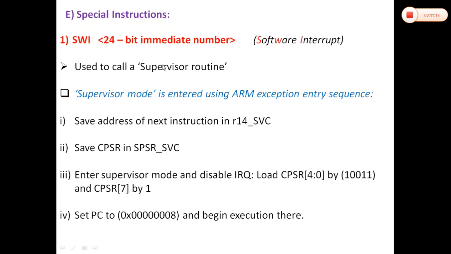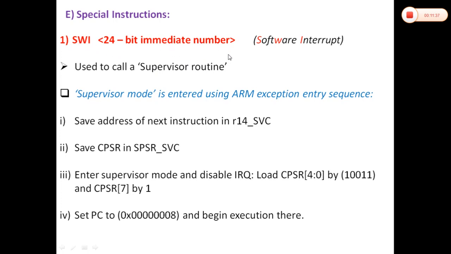So this instruction allows the user to access the hardware modules by executing different routines in the supervisor mode. That's why it is called a supervisor call. This is also called a supervisor call.